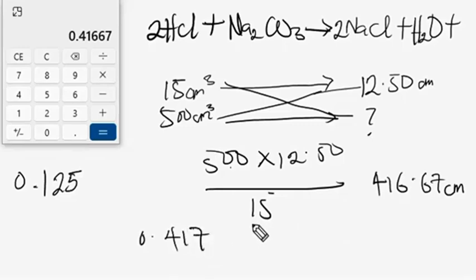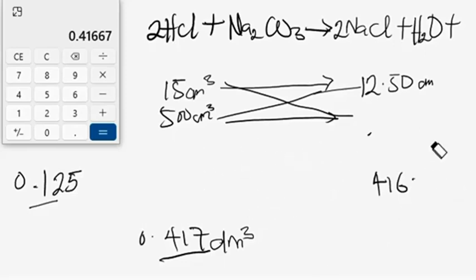So simply here, now we've gotten to this point, we've seen the 0.417 dm cube, and that's the volume here. So we have the number of moles, and we have the volume, and then we are looking for the molar concentration, and the molar concentration is simply the number of moles over the volume.